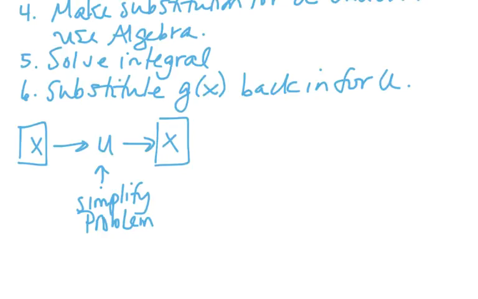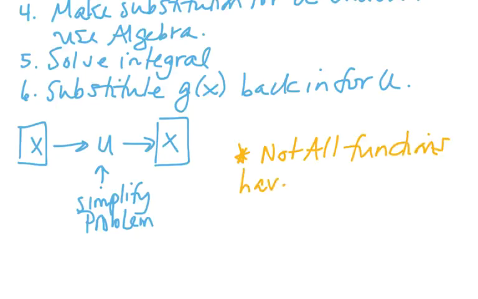And the other point I'd like to make at this juncture is that not all functions have antiderivatives. So this doesn't always work, right? And you'll learn techniques to handle this situation, but not all functions have antiderivatives, and that's okay.